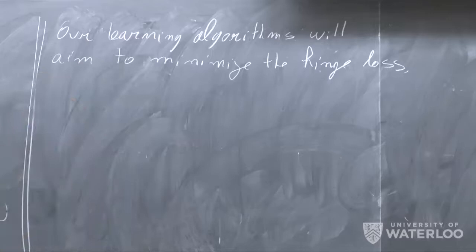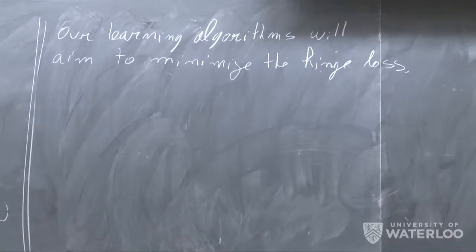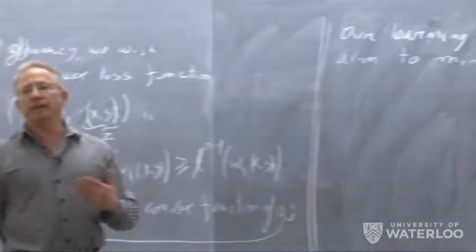Now, if we get a guarantee, you remember that our discussion of losses and learning and ERM was independent of the type of the loss.